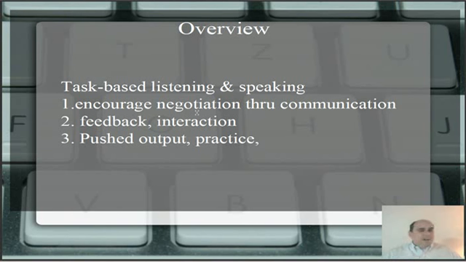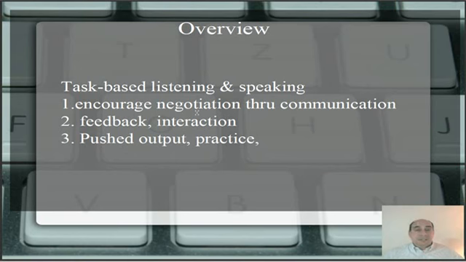So they need to negotiate, although the focus of the conversation is not on learning language, but through their act of negotiating, through their act of trying to figure out what's going on and working together and helping each other learn, they learn language. Negotiation is very important with regard to language learning.